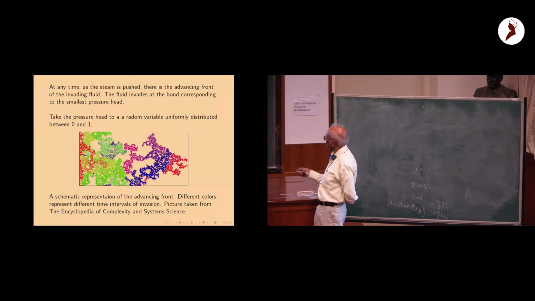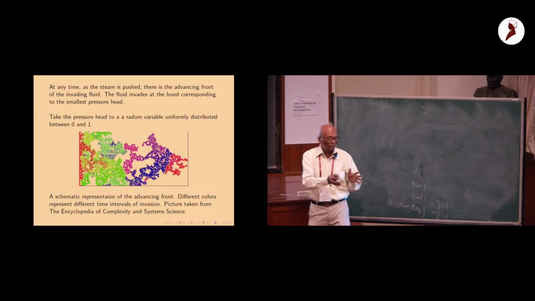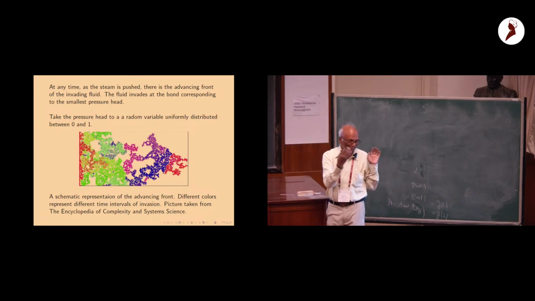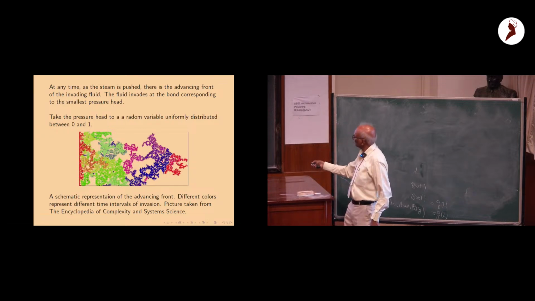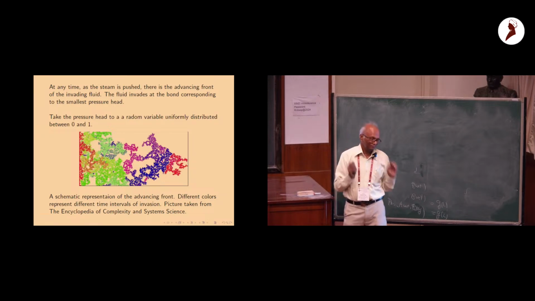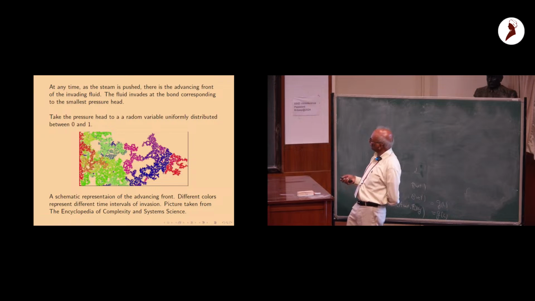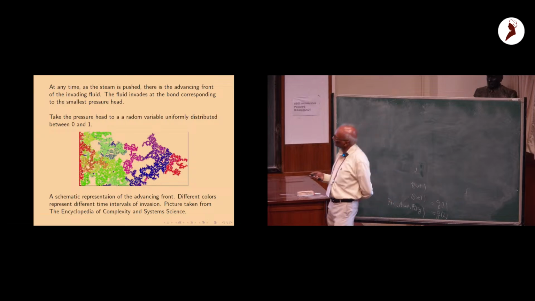This is the steam which entered earliest, and this is the steam which entered before that, and so on and so forth. So you can see different parts of the steam. This is the front at some time, and this is the steam which came later, and so on.